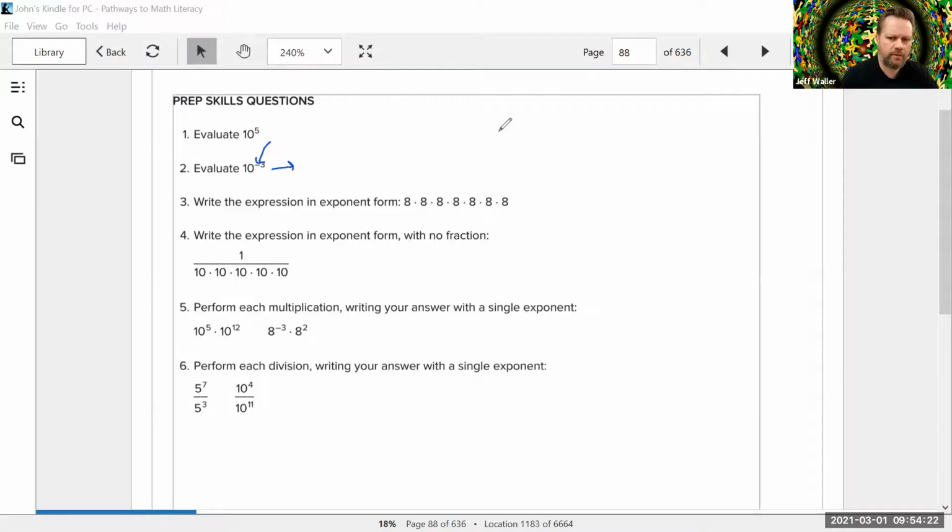Does anyone remember what a negative power means? So each 10 isn't negative, it's just... Yeah, that would be down here. If it's up here, it means something different.